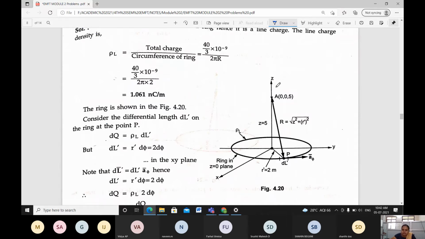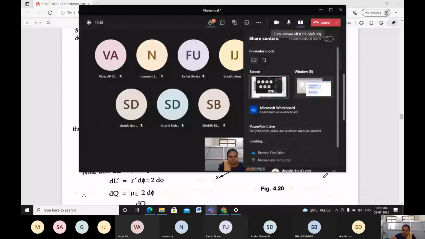Then this is the location we found. This is our circular ring, and what is the radius of this? It is 2 meters. Then the differential length is this part, and this is our point P. This is an angle phi in the phi direction. The ring has the z equals 0 plane.